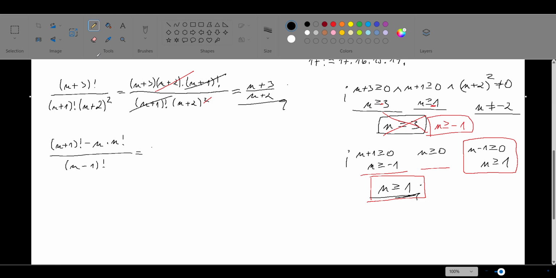So the first factorial can be written n plus 1 times n times n minus 1 factorial minus n times n times n minus 1 factorial over n minus 1 factorial.